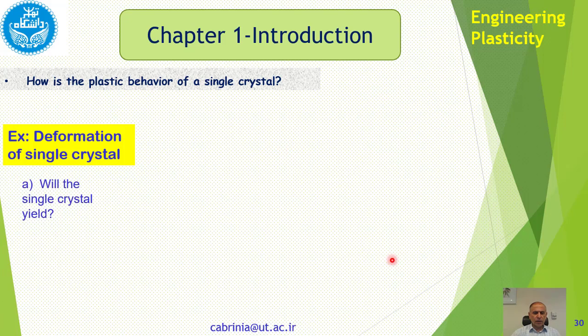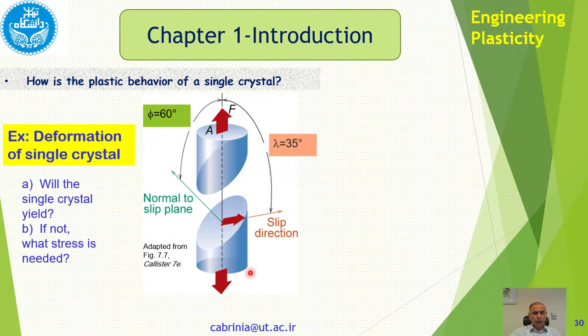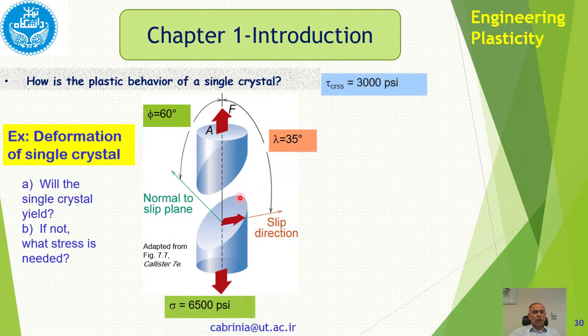Now here is a simple example, the deformation of a single crystal. Will the single crystal yield? We want to know if this single crystal yields. If not, what stress is needed? What single crystal? This single crystal. The slip system is given. That's the slip direction.